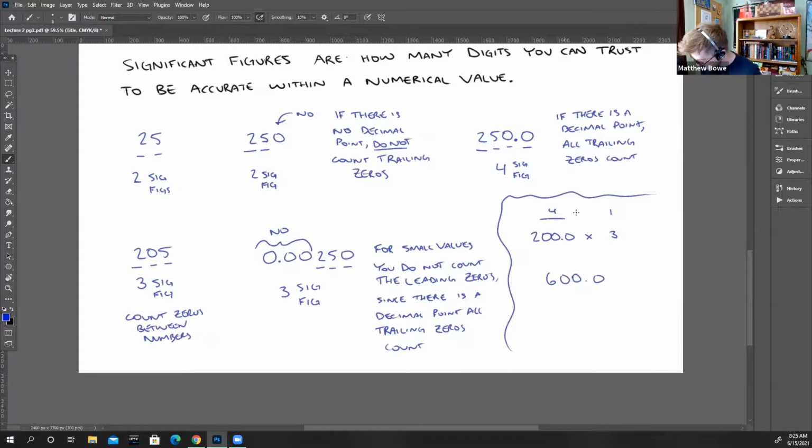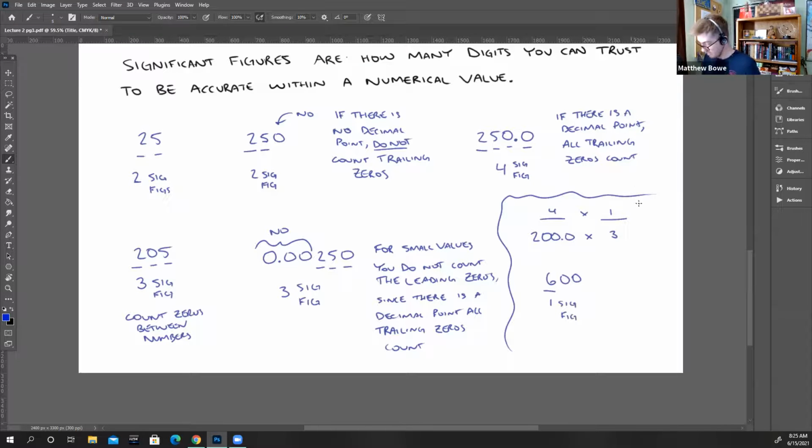Well, since we did this operation of 4 significant figures multiplying by a value of 1 significant figure, we're going to erase those last zeros, and this will only have 1 significant figure.